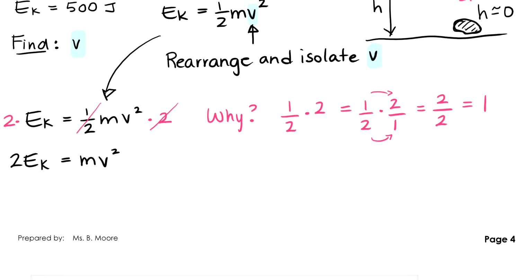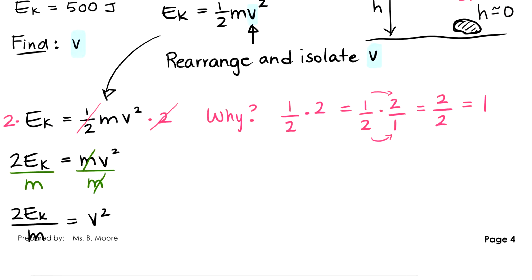What separates the m and the v? Multiplication. So how do we undo the fact that we have times m? We have to divide each side by m, because m divided by m is just 1. m cancels out. Now what do we have? 2 times EK over m equals v squared.